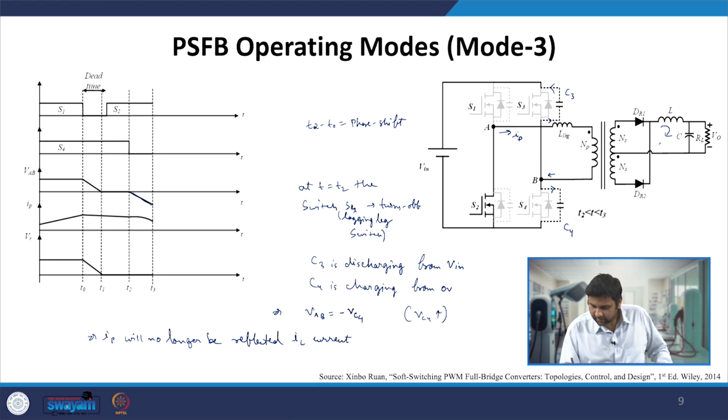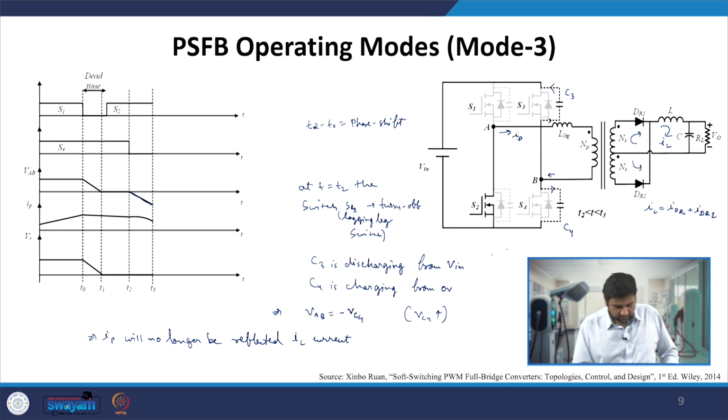Since IP is not equal to IL, in order to ensure this current keeps flowing continuously, DR1 and DR2 both get turned on, and IL is now equal to DR1 plus DR2. Both DR1 and DR2 get forward biased.